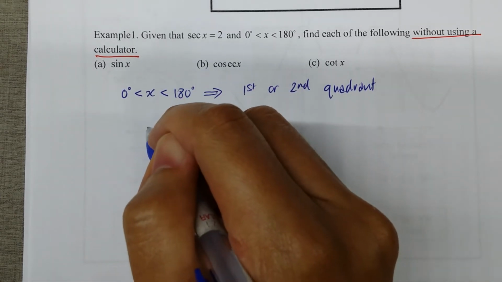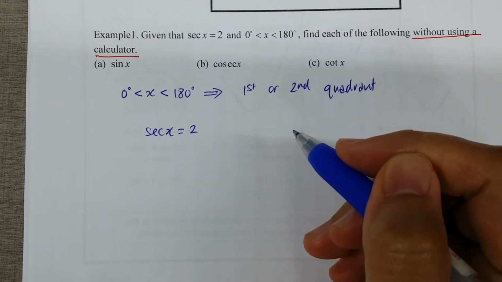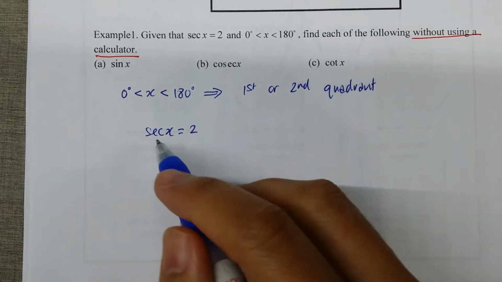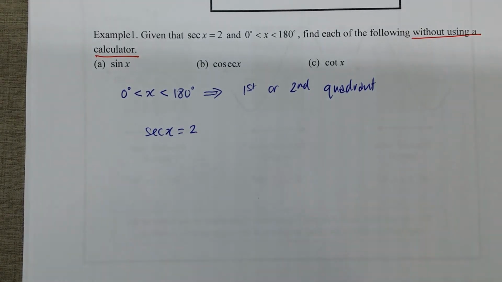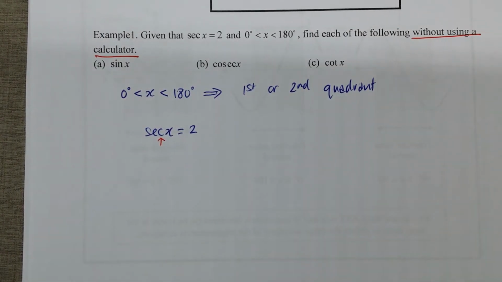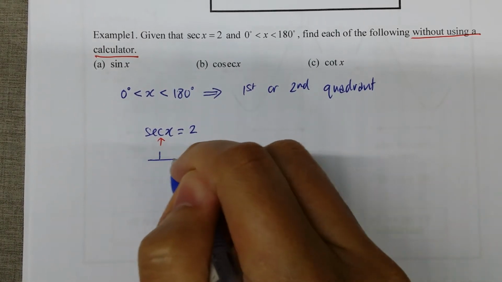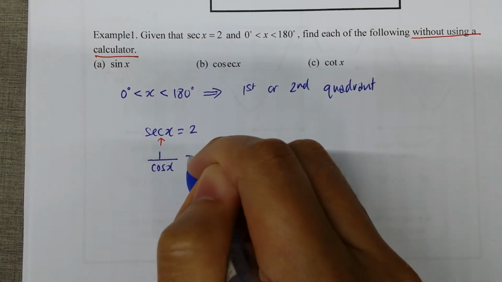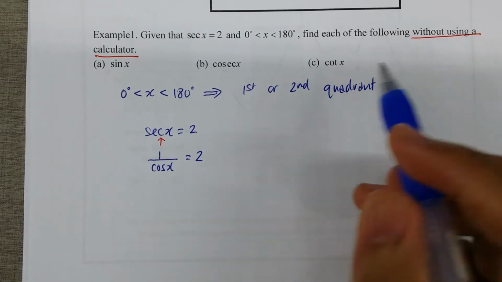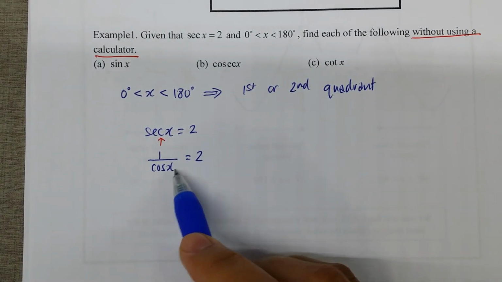Let's see. Secant x equals 2. What is secant? Third alphabet is C, so it is 1 over cosine x equals 2. You can cross multiply, or you can swap position.